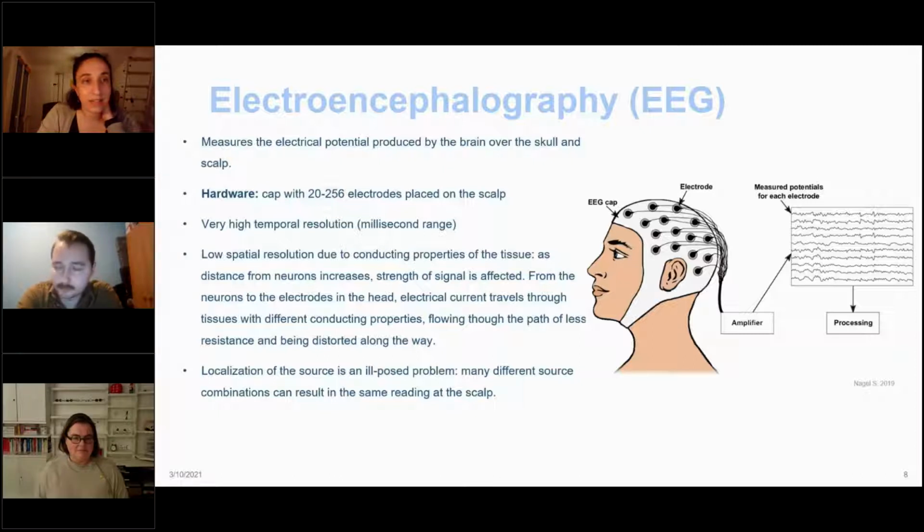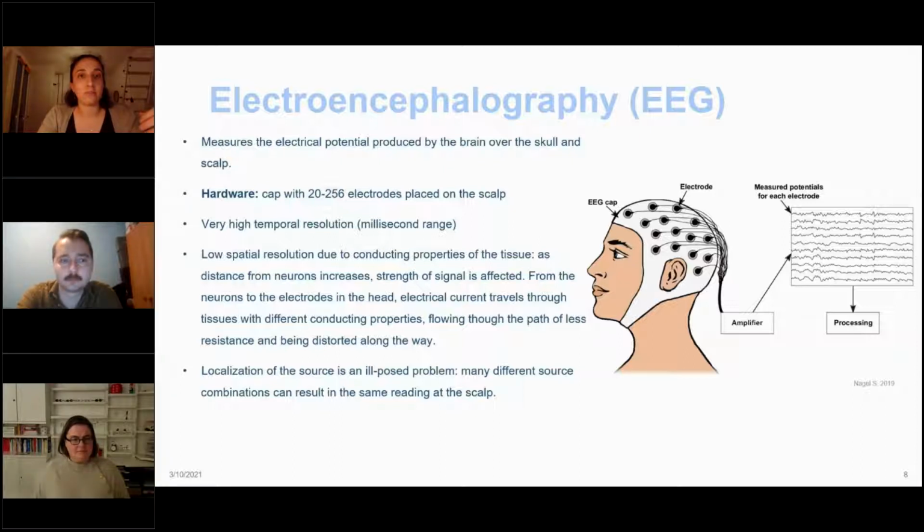And the advantage of EEG is basically that it has a very high temporal resolution, and it's very practical to use, and frankly quite cheap compared to other types of brain imaging techniques.